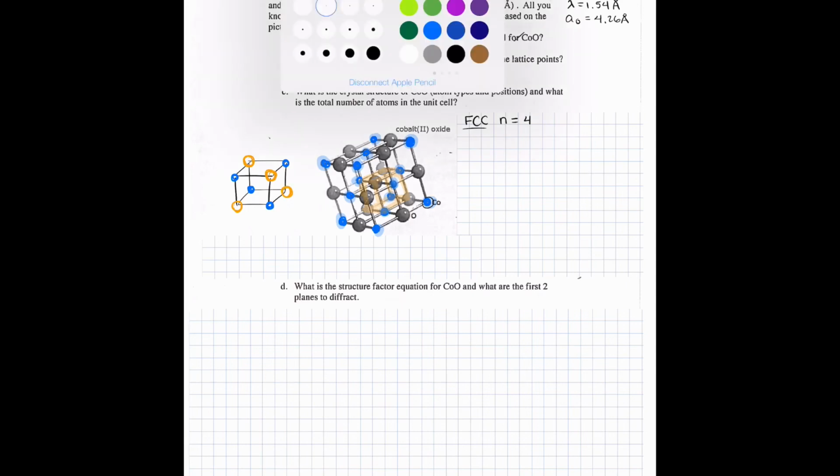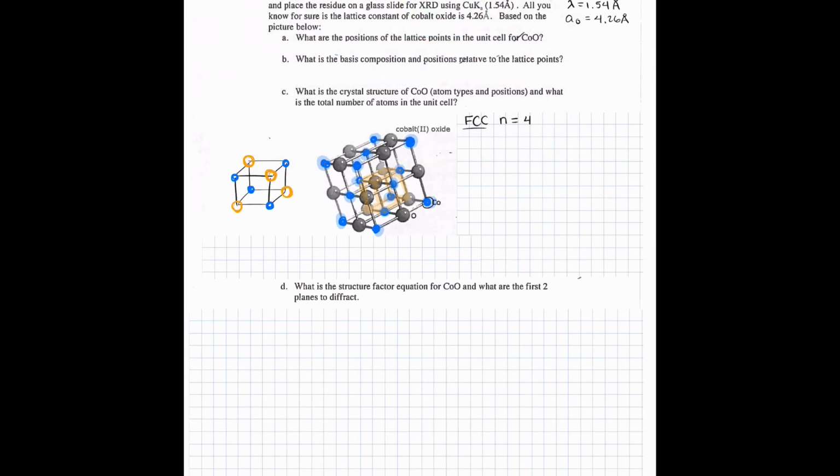From this, you can see where the cobalts are, because that's what we care about. You could have picked the oxygens and given the lattice points of the oxygens, and that's totally fine. Just make sure you give one or the other, not both. Personally, I like to go with the one at 0, 0, 0 because that never fails you, and you don't want to deviate from what you normally do during an exam.